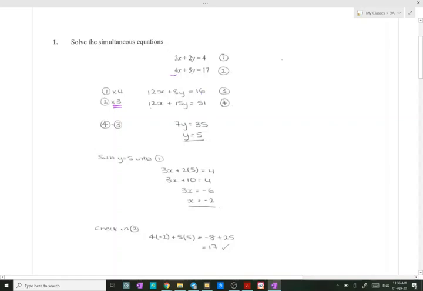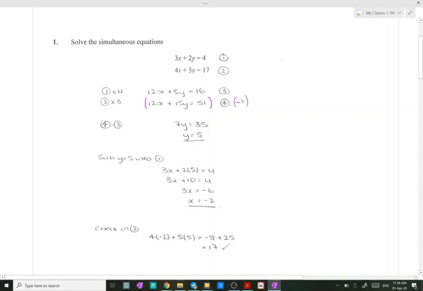So 4 times 3 is 12, 5 times 3 is 15, and 17 times 3 is 51. Then, in order to get rid of the x, I multiply one of these two equations by minus 1. So let me multiply this one by minus 1.